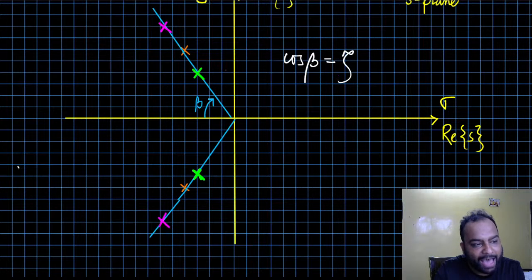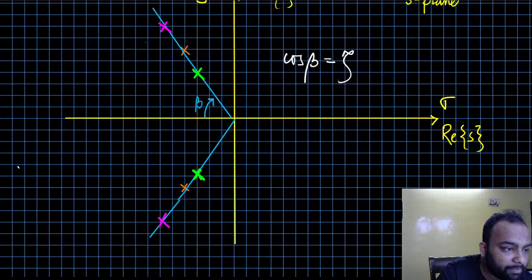So we can have pole pairs anywhere along these lines, and they will denote systems with the same value of zeta. Do you understand my point? The system with the red poles has a particular value of zeta.